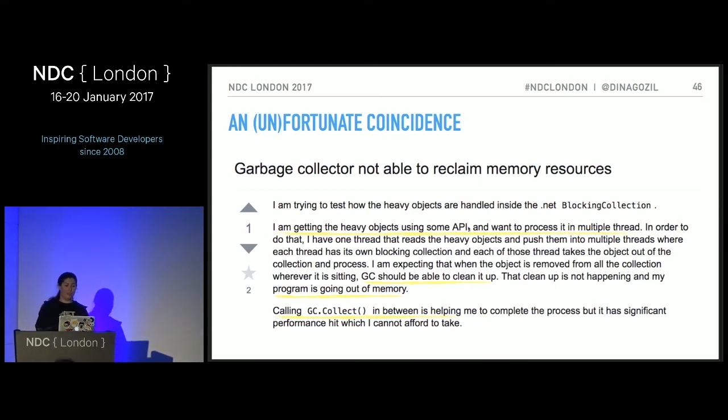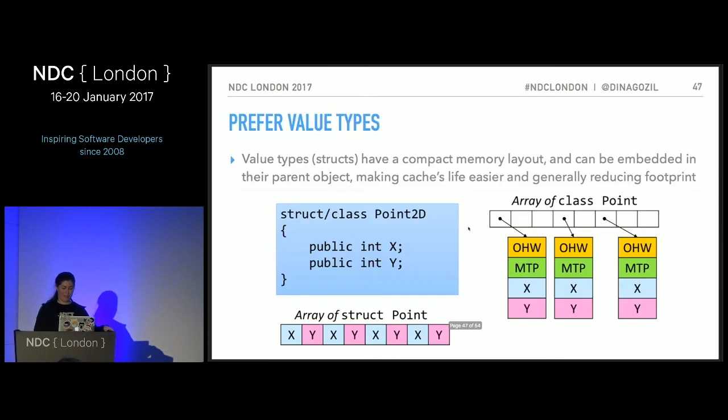So when he put GC collect inside his producer thread, he artificially inserted a delay in producing jobs. So, I put the "un" in brackets. I don't know if it's fortunate or unfortunate, but this is a really good example of how you patch up the problem and you don't see the root cause. And that's what you need to solve. So that's a cute example.